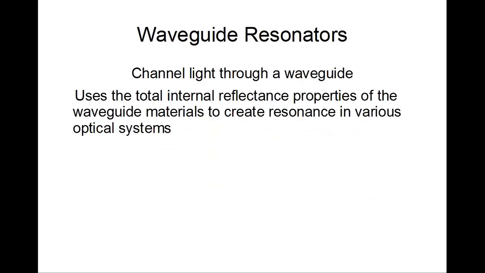You channel the light through one end of the fiber, and fiber optics are either insulated or the material is such that the light doesn't leave it because of the reflectance properties of the material. The light will go in one end and reflect all the way down the cylindrical fiber, and come out the end to produce whatever effect you're trying to accomplish.